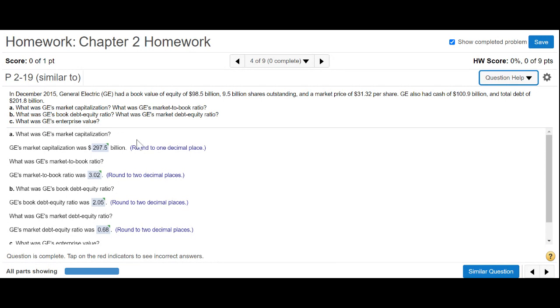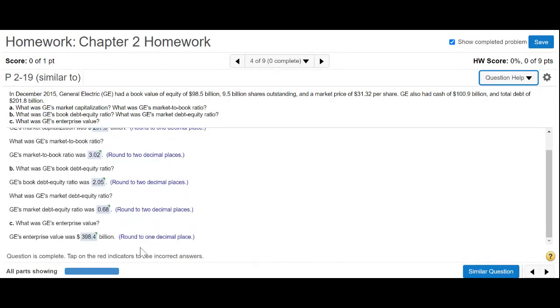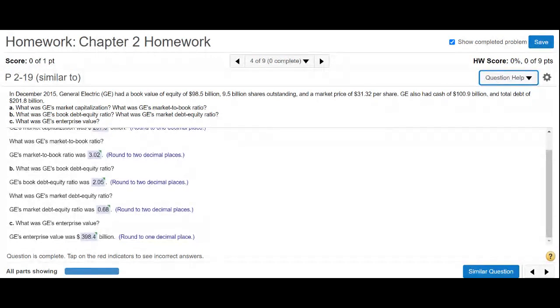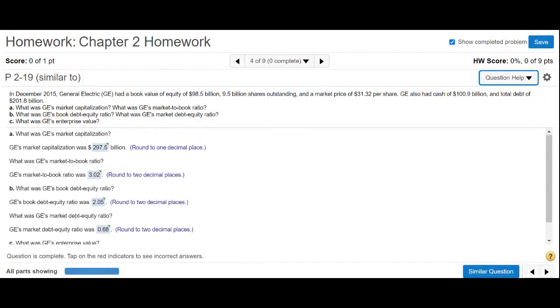And another thing, it tells you to round to 1 decimal point, and for the other one round to 2 decimals. Pay attention to those issues. It's making it clear for you. And please use the right calculator that I asked you to get, that way the rounding is not off.